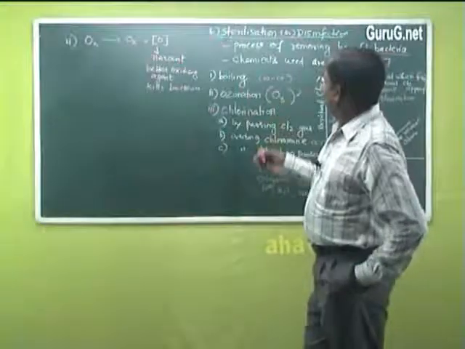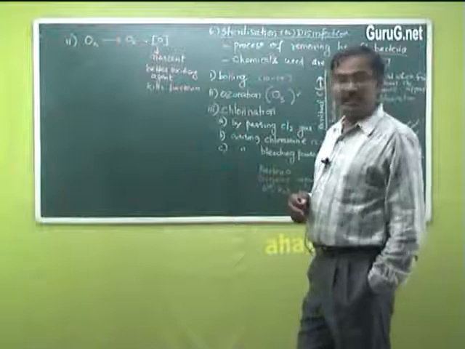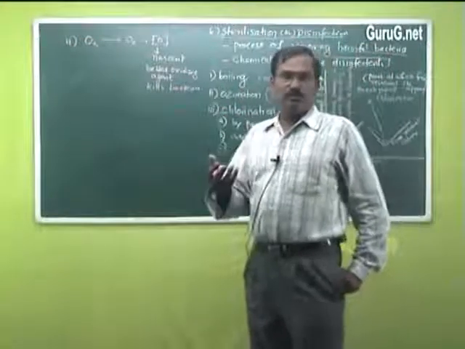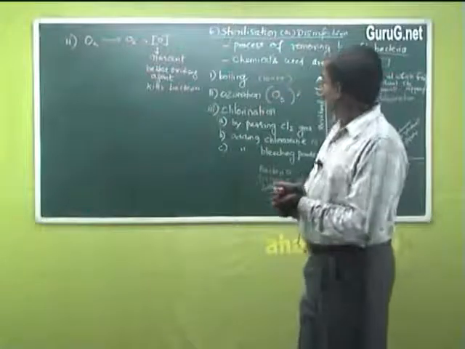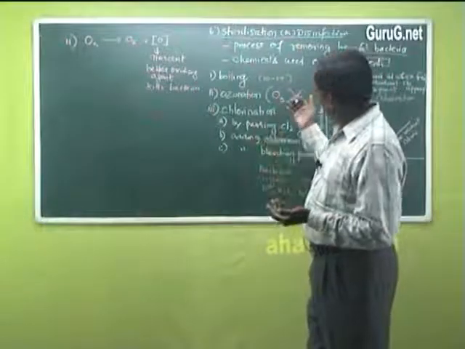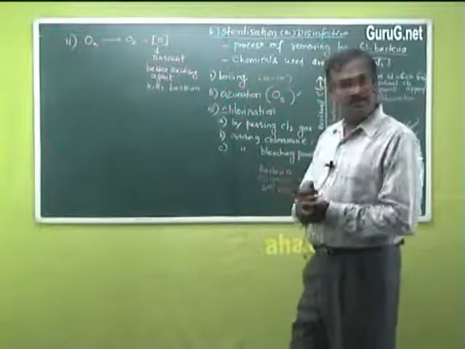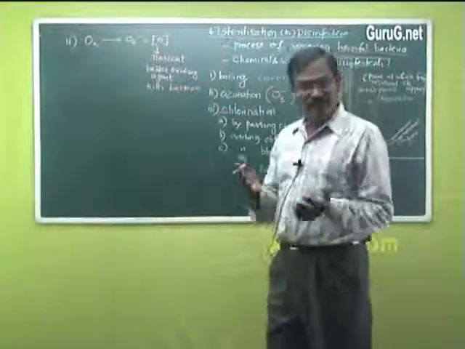The second method is ozonation. It is carried out by passing ozone. Using an ozone generator, ozone is prepared and passed through water.